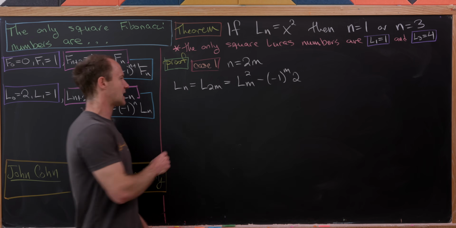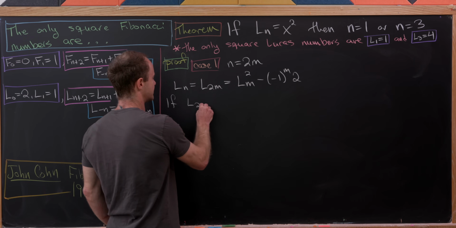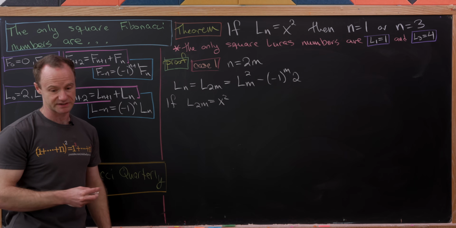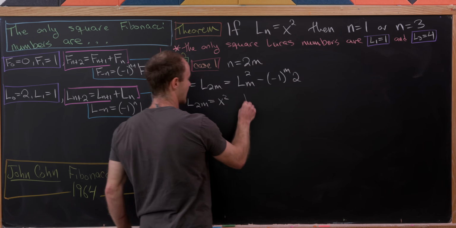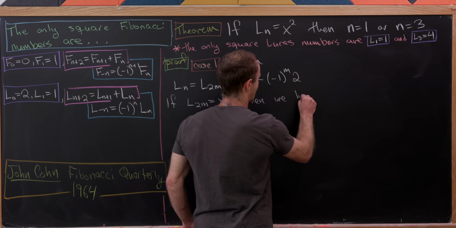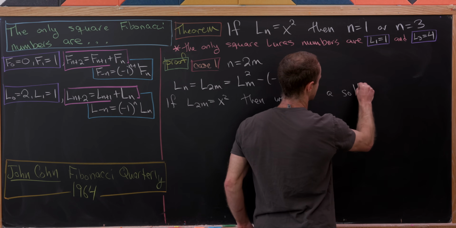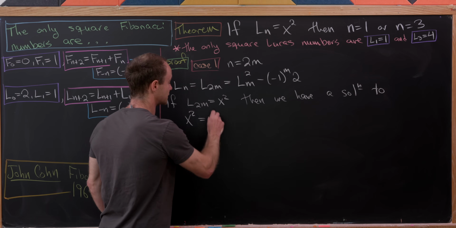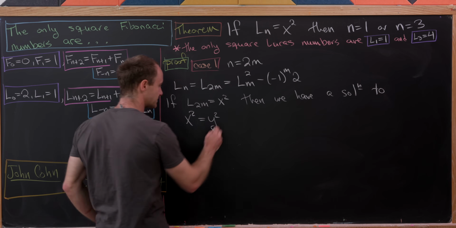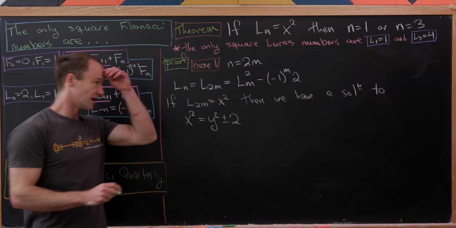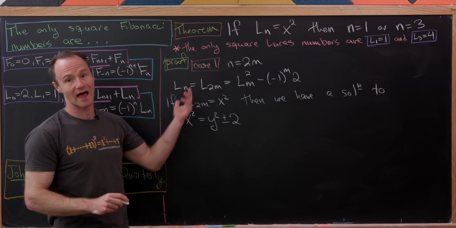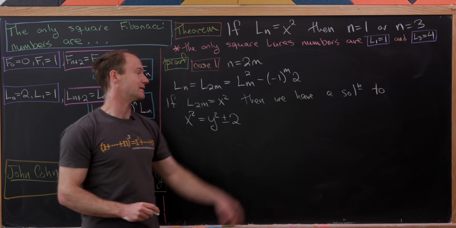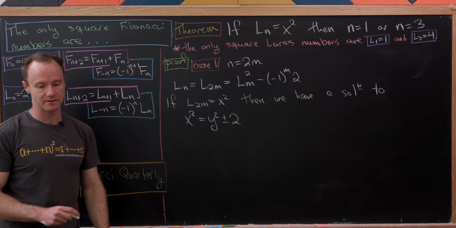Okay, but now let's notice if L_2m equals x squared, well, that's the same thing as L_n being equal to x squared, then we have a solution to the following equation. x squared equals y squared plus or minus 2. And so this y is just L_m in this case, and then we get a plus sign if m is odd, and we get a minus sign if m is even.